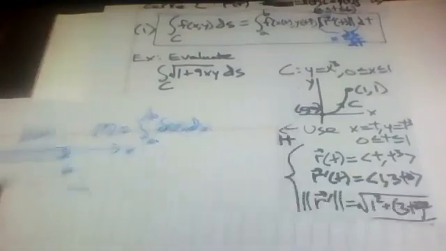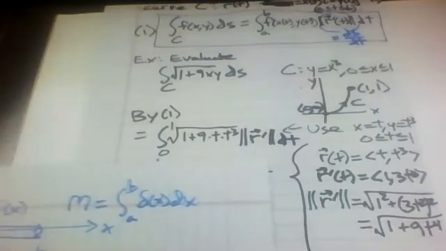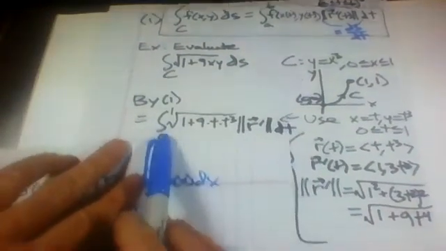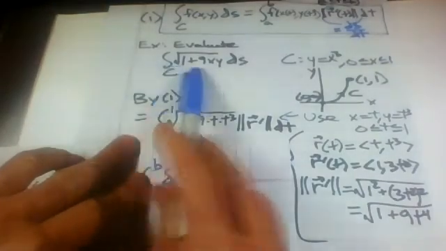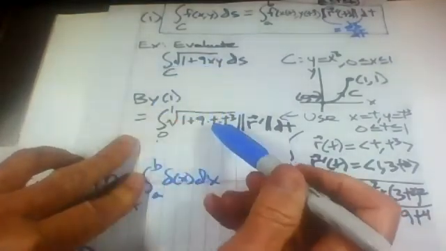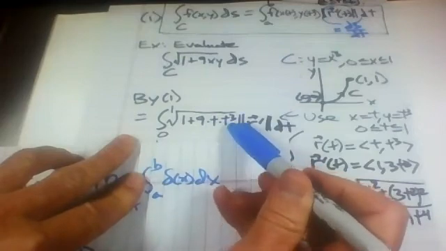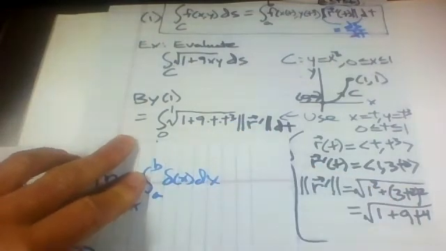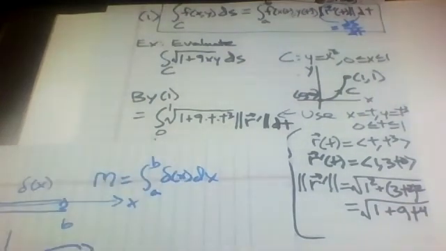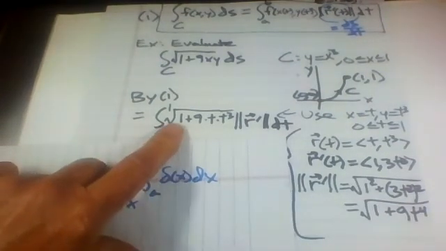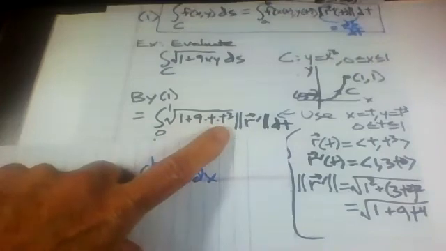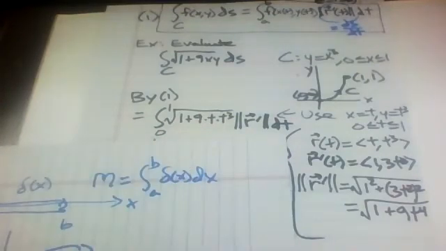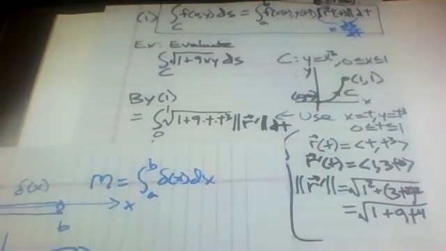Well, by equation 1, we know it's the integral of the same square root of 1 plus 9xy, where you replace x and y with their parametric values, t for x and t cubed for y. So it's the integral of square root of 1 plus 9 times t times t cubed, times length of r prime dt. That's equation 1, which we said we would use to evaluate this.